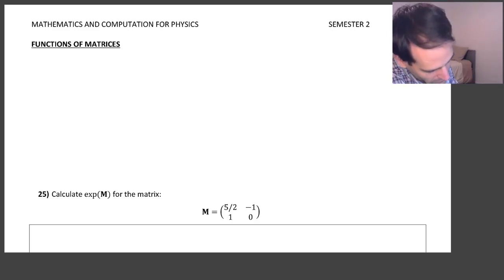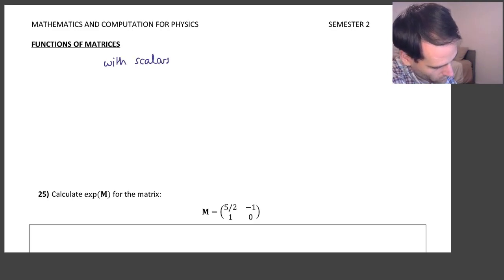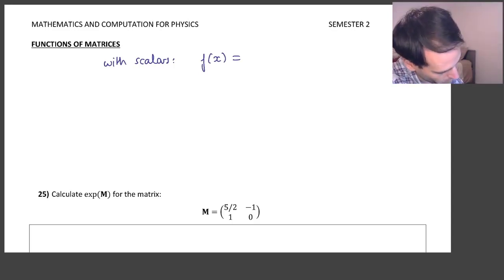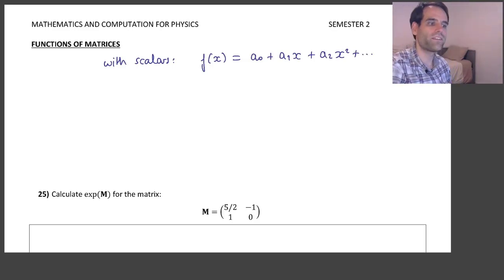Let's remember that when you have scalars, f of x, you could always do the Taylor expansion or the Maclaurin expansion. So this would be like an infinite polynomial with infinite powers, up to infinity.